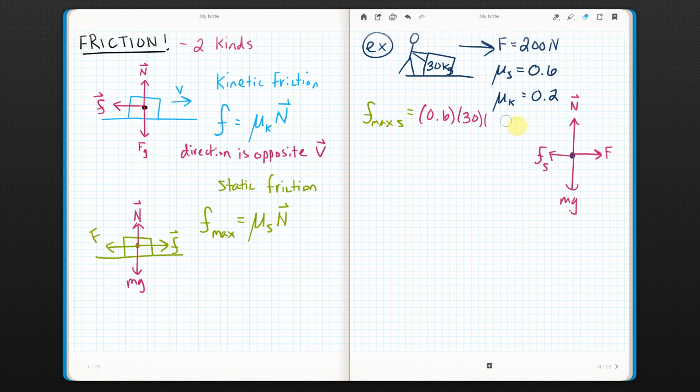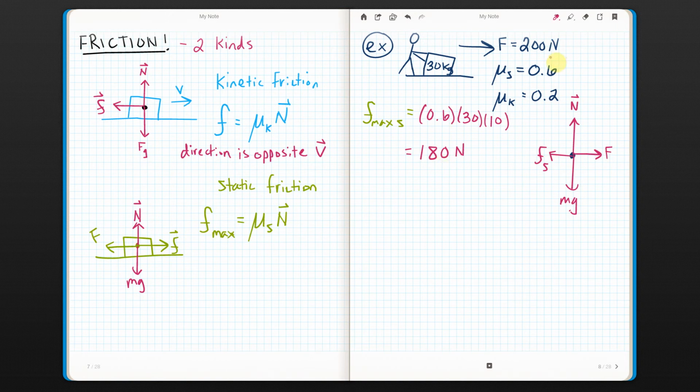Let's make it 10 for gravity. So the coefficient of static friction is 0.6 times 300, and that is 180 newtons. So this is the most force that the static friction can apply.